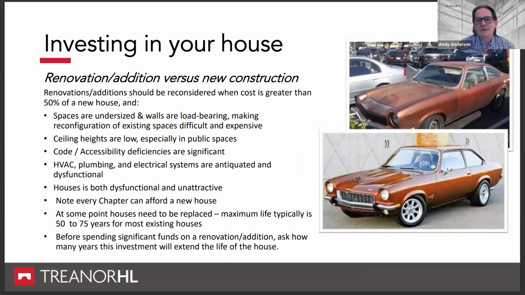It's still a Vega, and it may not be very desirable. There's only so much lipstick you can put on that pig, if you will. It's like throwing good money after bad. That's not always the case. Again, we know everybody can't afford a new house, but it's worth doing this analysis and really understanding whether it's worth investing in the renovation.